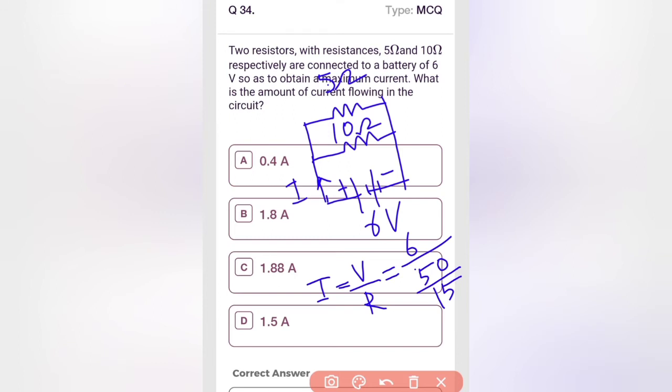So you can write 6 into 15 divided by 50 is what we get. 18 by 10 is 1.8. 1.8 is the correct answer, option B.